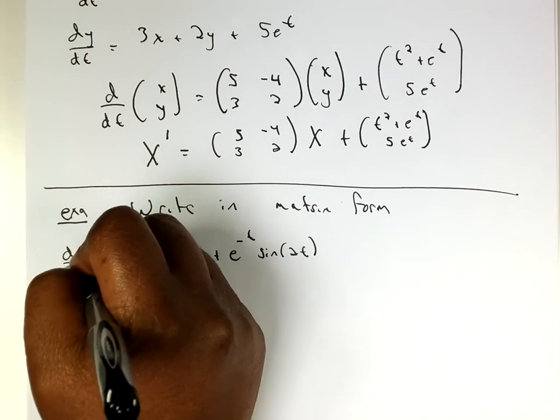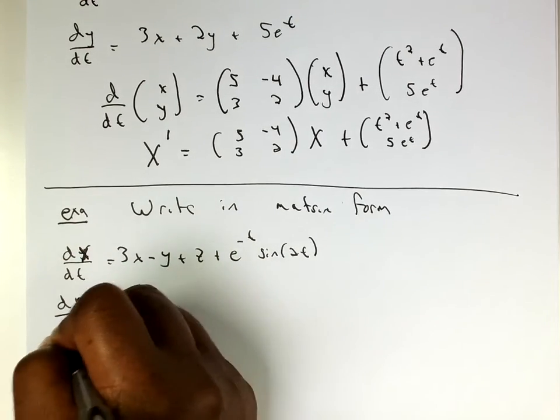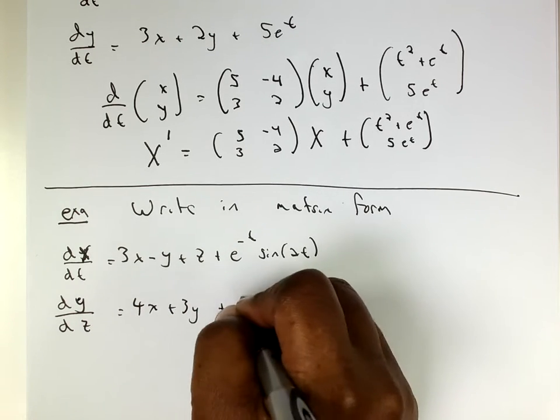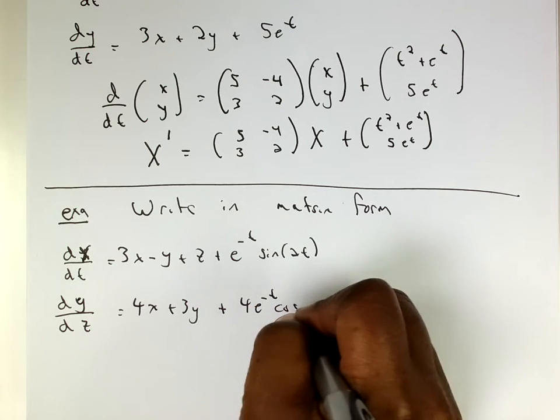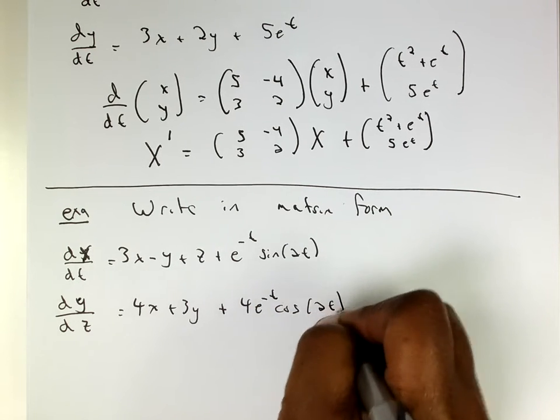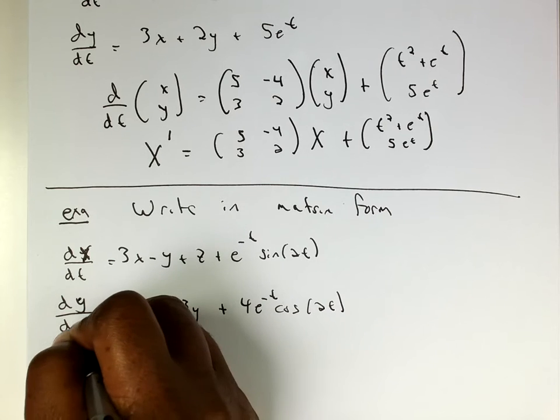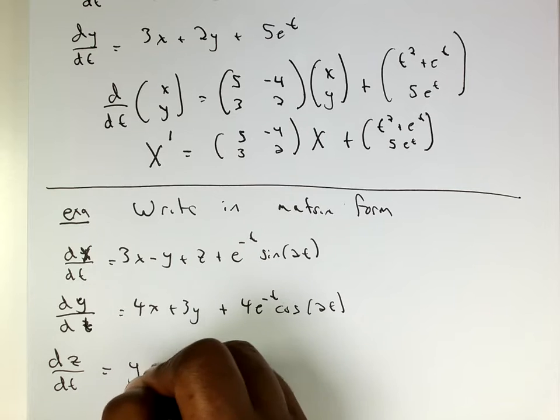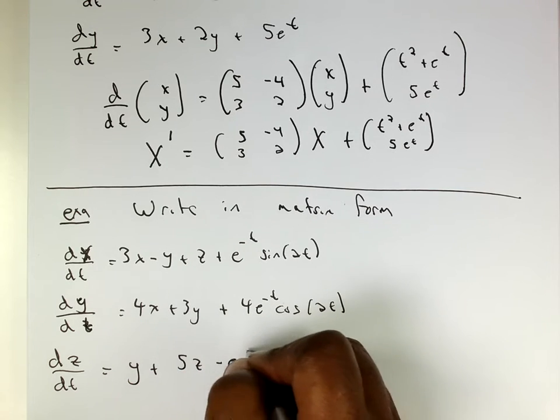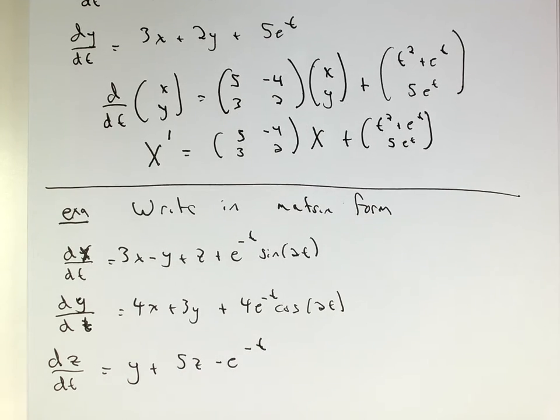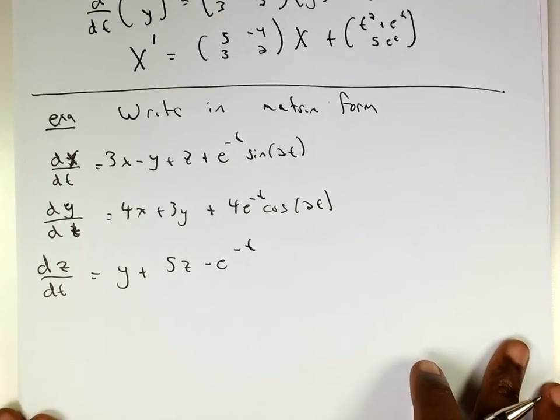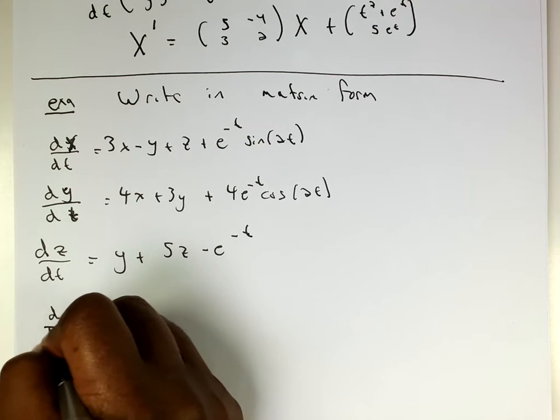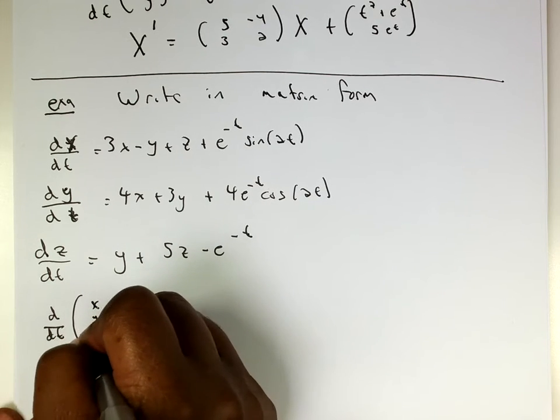Then dy/dt is 4x plus 3y plus 4e to the negative t cosine of 2t. And then dz/dt is y plus 5z minus e to the negative t. So here I have 3 equations with 3 different unknowns: x, y, and z.